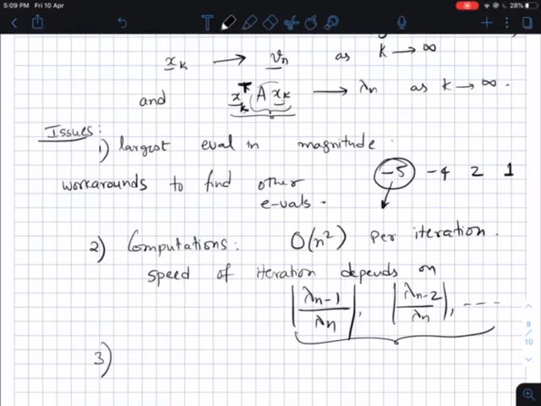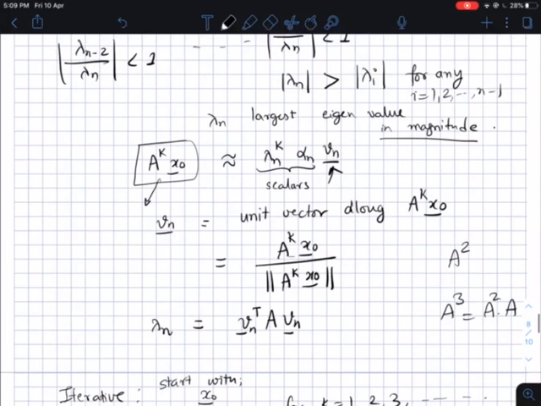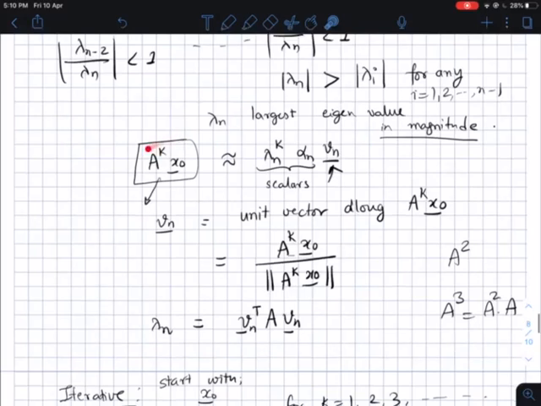The third thing I want to highlight is that we made an implicit assumption in all these calculations. If you go back to this expression, we said that this gives me a vector along the direction of Vn. That's of course assuming that this coefficient is non-zero. Remember, eventually I'm taking this vector and dividing by its norm, so I need to make sure that whatever I am dividing by is not zero, not small.